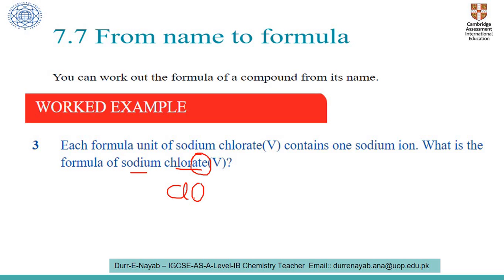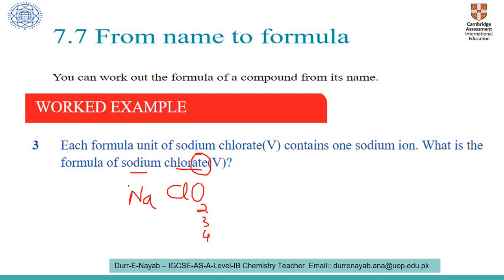So this is your chlorate and this is the sodium. Now the thing is to find how many oxygens will be attached with the chlorine, 2, 3 or 4. This is something which I don't know. So for that I have to do some procedure.